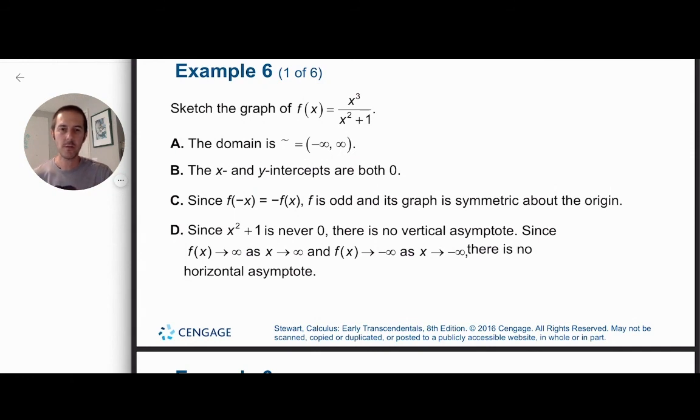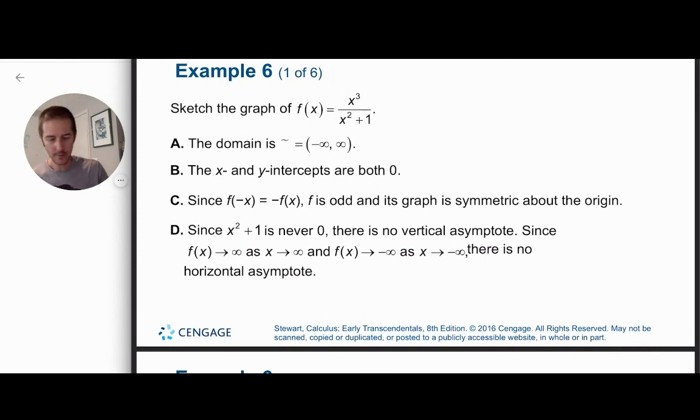This function, the previous function, was an even function and therefore exhibited symmetry about the y-axis. This one is an odd function, so it will be symmetric about the origin. And earlier in these slides, we saw some examples of functions that are symmetric about the origin, like the sine function.